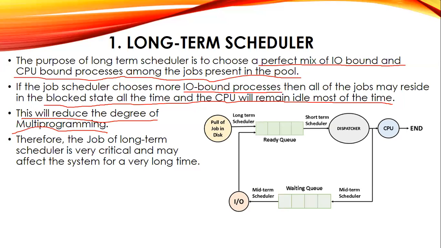Degree of multiprogramming means that if you can put more processes in main memory, it will increase the degree of multiprogramming. But these kinds of things affect the efficiency. Therefore, the job of the long-term scheduler is very critical and may affect the system for a very long time.